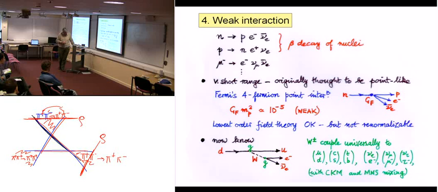There's a rotation in quark space, and it turns out we've also got a rotation in lepton space: CKM mixing, or MNS mixing, or PMNS mixing, depending on the notation you're using. So this W couples to all these doublets universally.